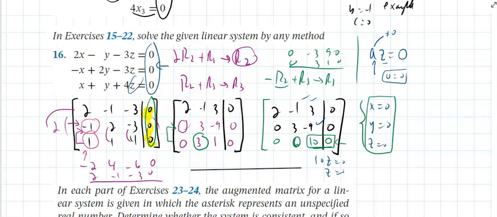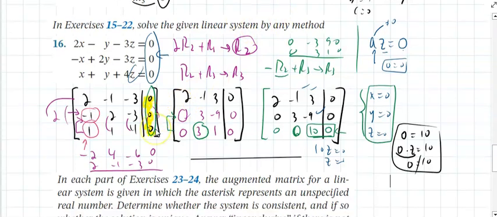Either you have the trivial solution 0, 0, 0, or you have an infinite amount of solutions. But there's no way of getting no solution. The only way you can get no solution is if you had it backwards. If you had 0 equal 10. This says 0 times z equals 10, but 0 times any quantity is 0, and that's the only way to get no solution. We'll talk more about this as we move on throughout the course.